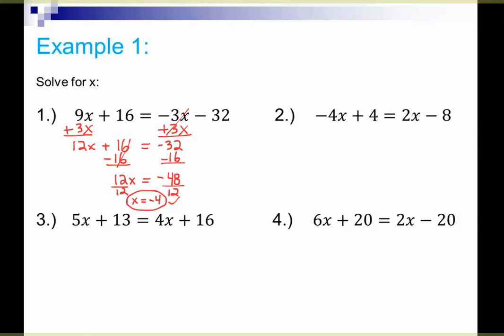Let's take a look at number 2. Number 2, we're going to add 4x to both sides. It's going to leave me with 4 equals 6x minus 8. Now I'm going to take out the loner. So I'm going to add 8 to both sides.